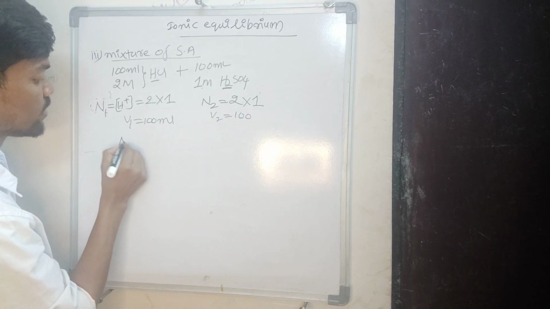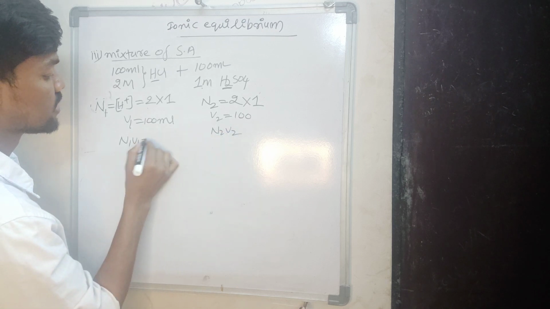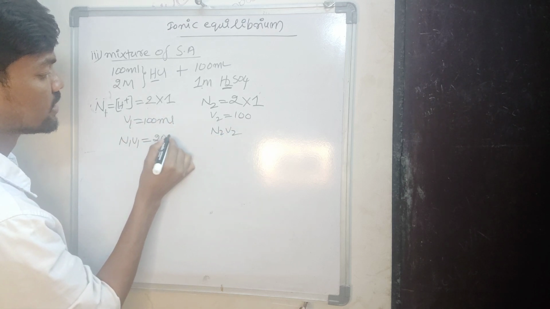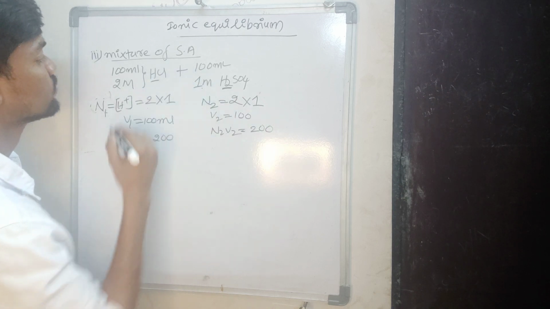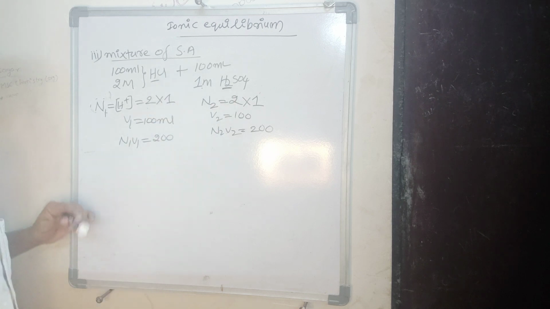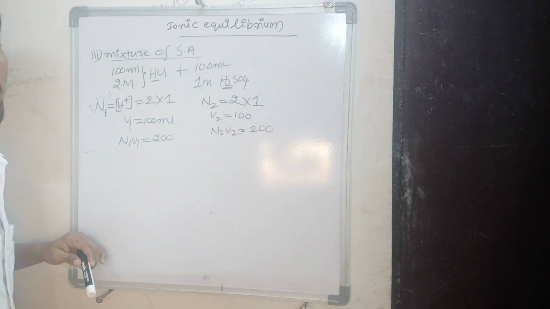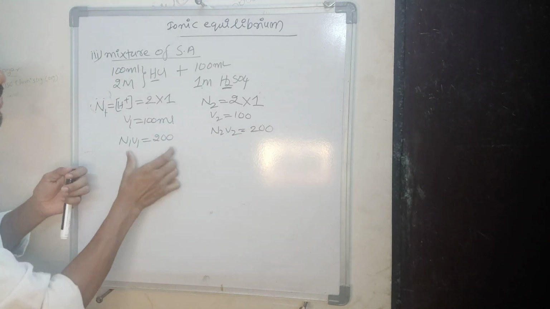So multiplying, N1 V1 is 200 here. This one is 200. Is it correct? Okay. This is N1, N2, V2.